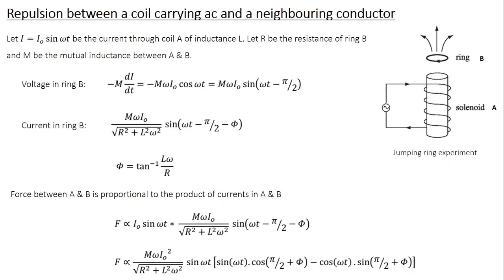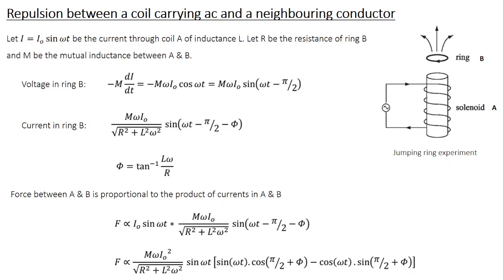From Lenz's law, we know that current flows in a direction which opposes the original change in the flux. So if you imagine that the flux in solenoid A is produced by a current flowing in this direction towards the right, then the induced current will flow in the opposite direction towards the left. Since two opposing currents repel each other, we find that the ring is jumping in the air because of the repulsion between ring B and solenoid A.